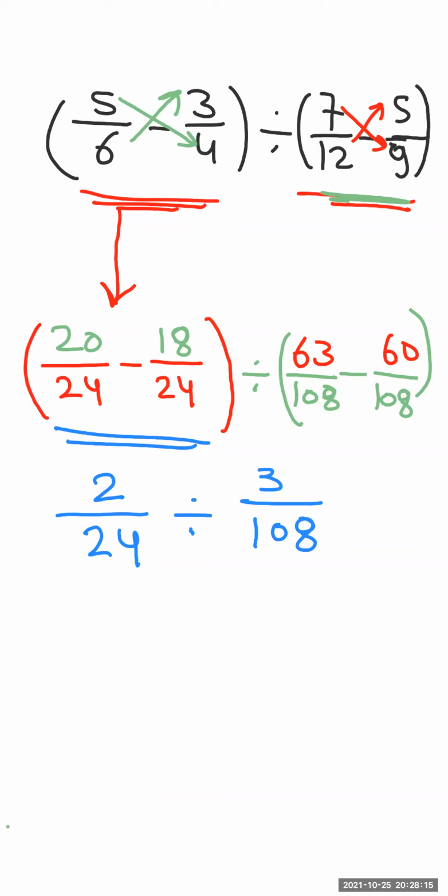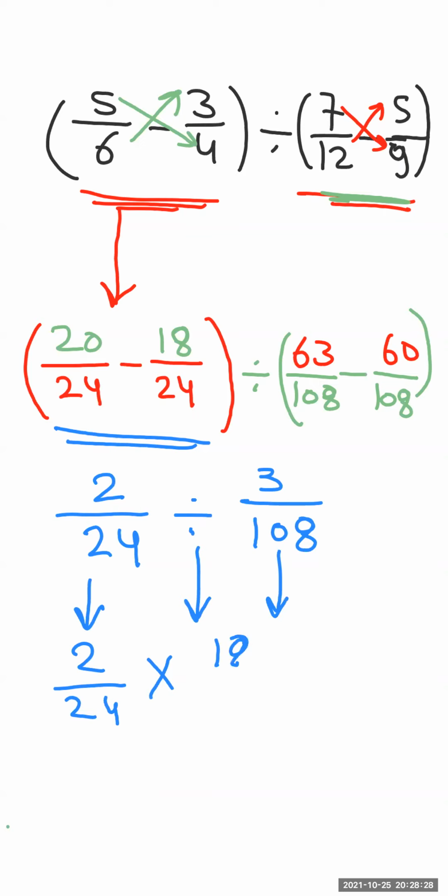Now it becomes a very simple question. Now 2 over 24, write it down, the first term. Division into multiplication. Flip the number, 108 over 3. Simplify.